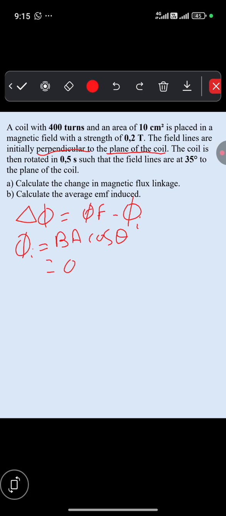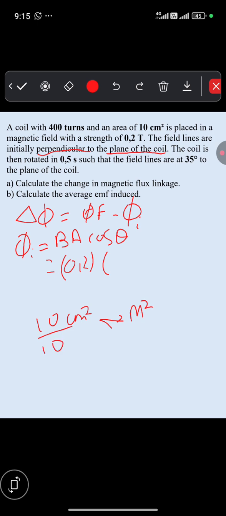Then B is 0.2. The area is 10 centimeters squared, and it must be converted to meters squared.